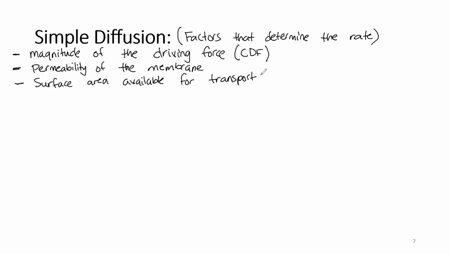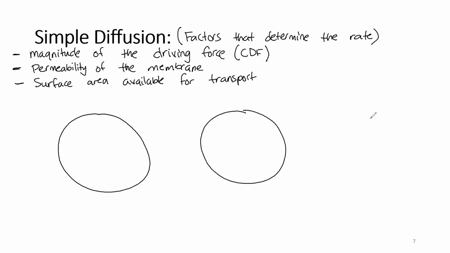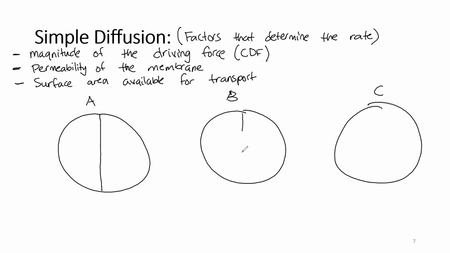Okay. And so let's illustrate that here with 3 cells and 3 scenarios here. So we've got cell A, cell B, cell C, and separating these cells, let's just pretend that there is a membrane here. Okay. And we've also got some amount of particles dissolved on either side here.